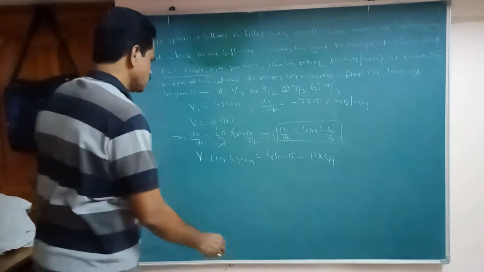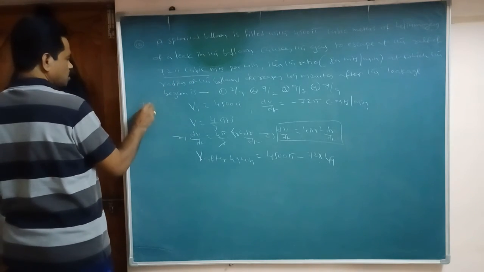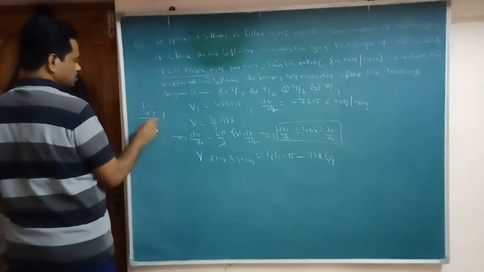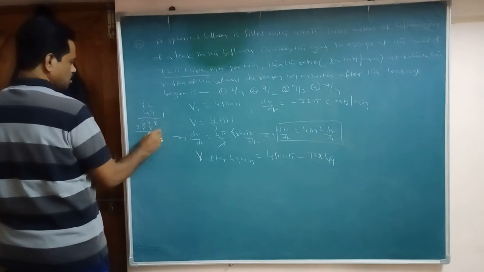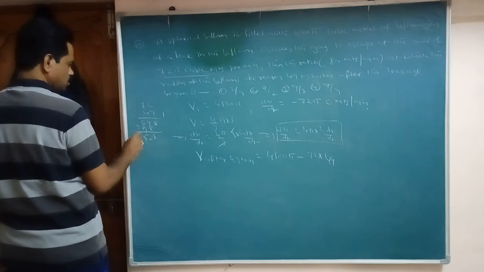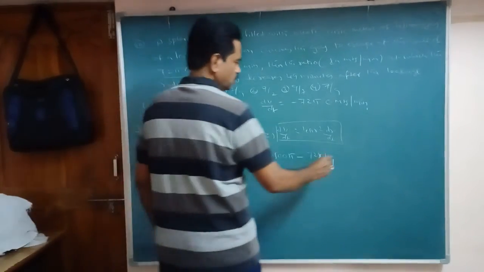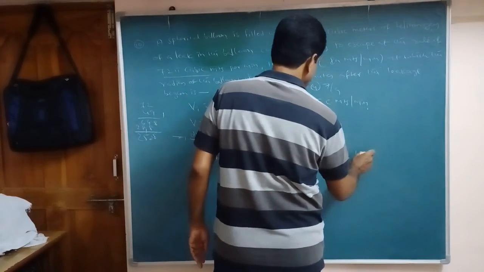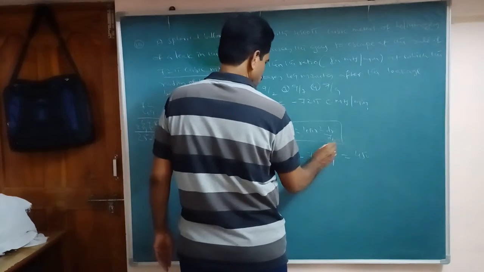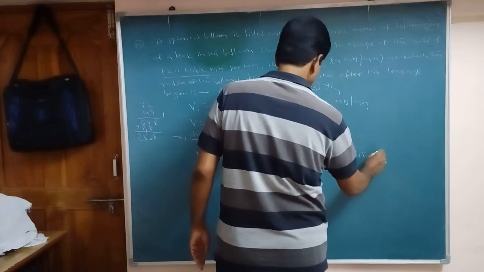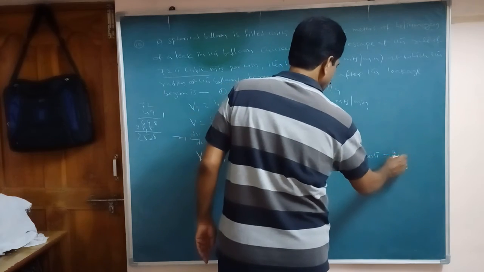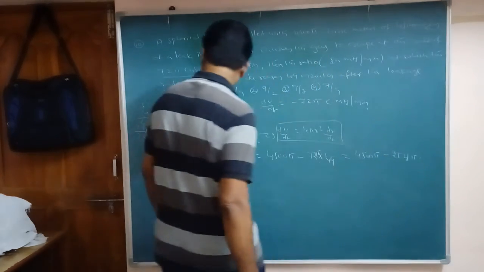Multiply here, 72 into 49. That is 3528. So 4,500 pi minus 3528 pi.